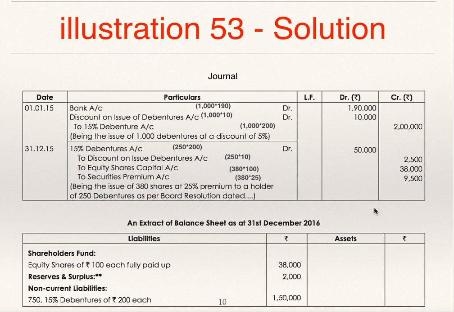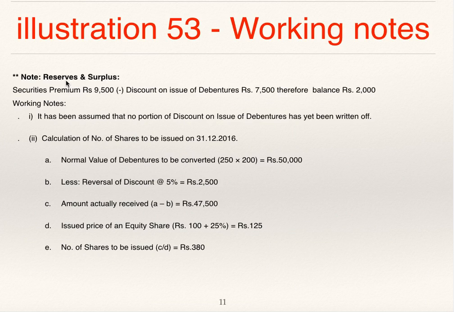So credit is more by 2,000. Reserves and surplus 2,000. See here note, securities premium 9,500 minus discount on issue of debentures 7,500. Therefore balance 2,000. It has been assumed that no portion of discount on issue of debentures has yet been written off.